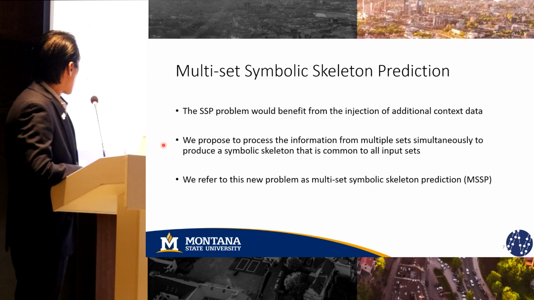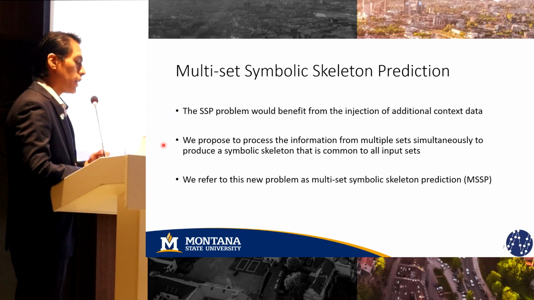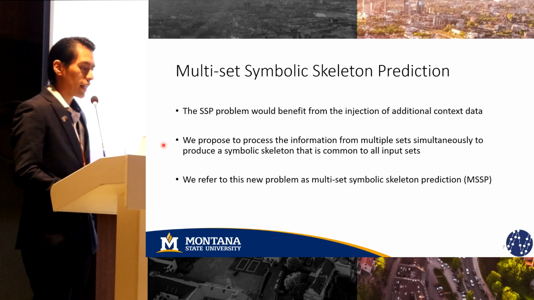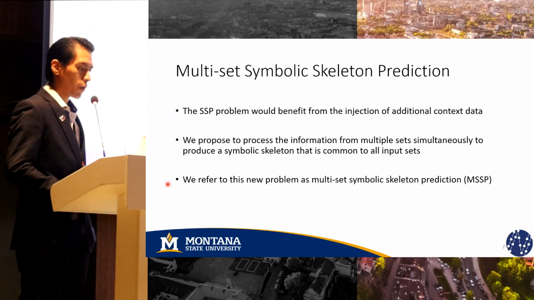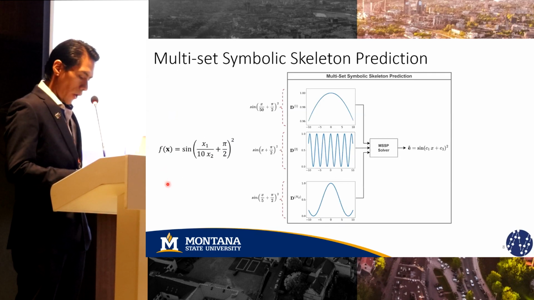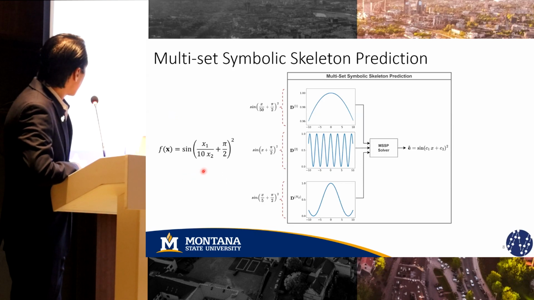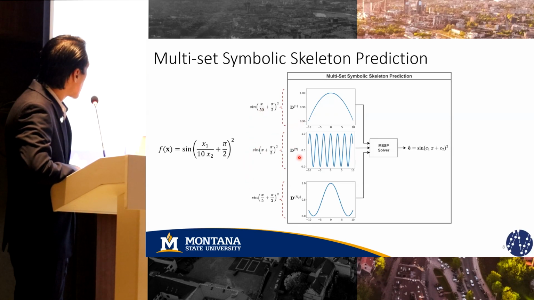So we are proposing to process the information from multiple sets simultaneously to produce a symbolic skeleton that is common to all input sets. And we are going to refer to this problem as multi-set symbolic skeleton prediction. So again, from the same problem, instead of fixing the value of x2 to a single value and hoping for the best, we're going to fix it to multiple values and create multiple sets.